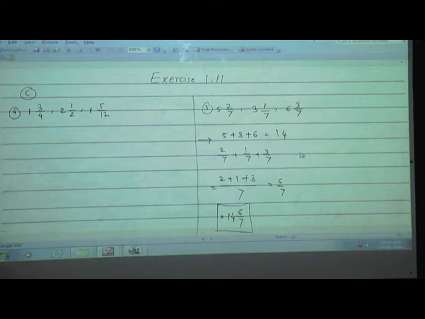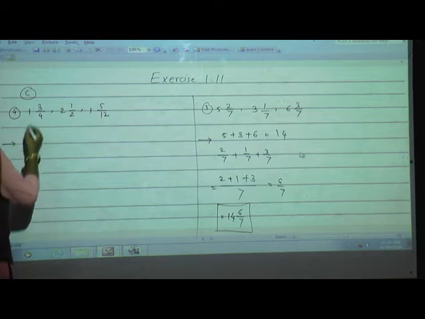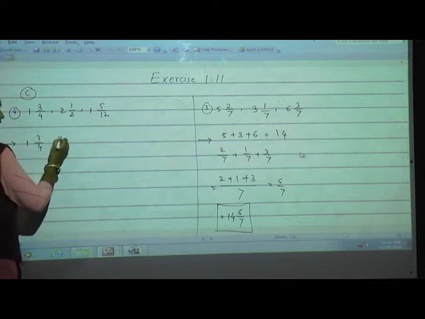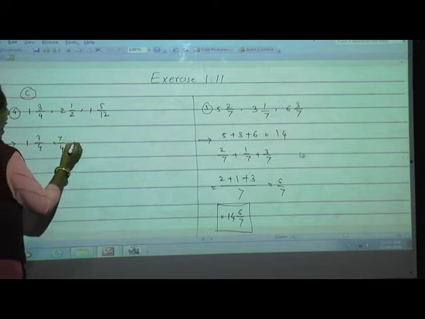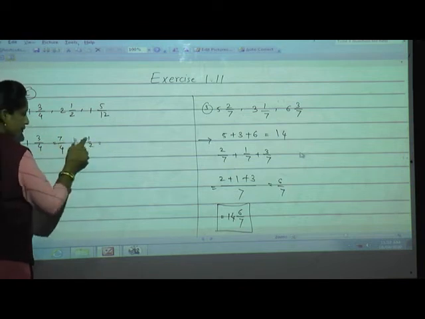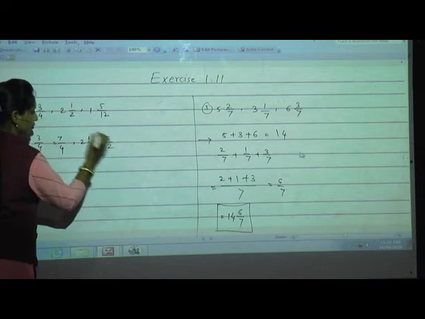Now denominators are different, students. First we have to convert the mixed fractions into improper fractions. So 1 3 upon 4: 4 ones are 4, 4 plus 3, 7 upon 4. Now 2 1 upon 2: 2 2s are 4, 4 plus 1 is 5 upon 2.